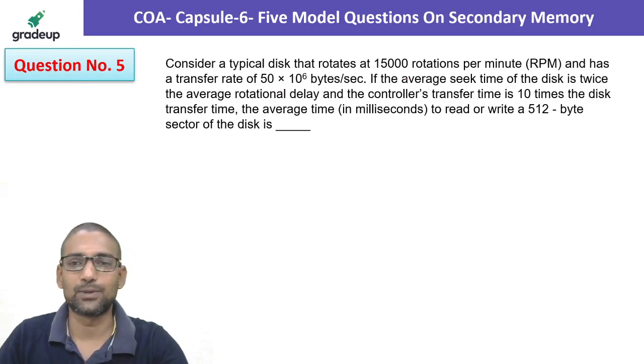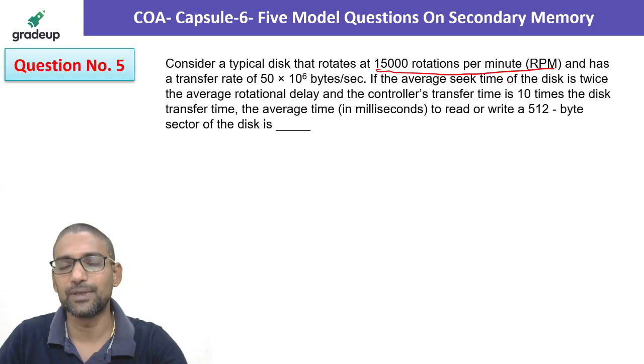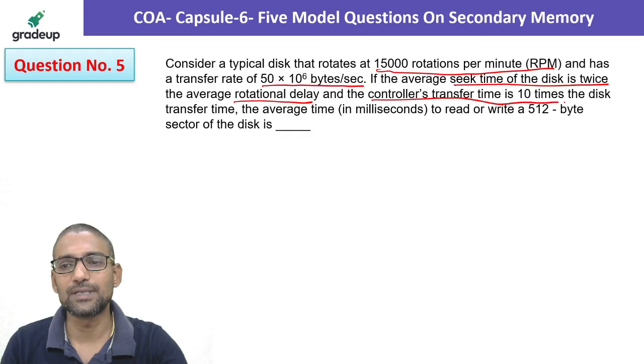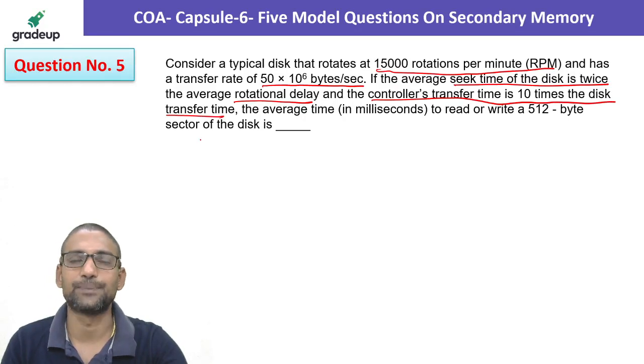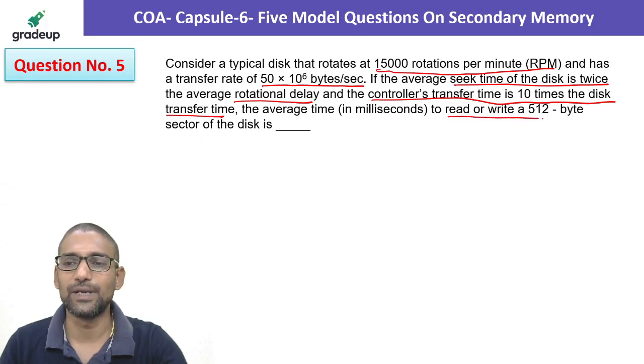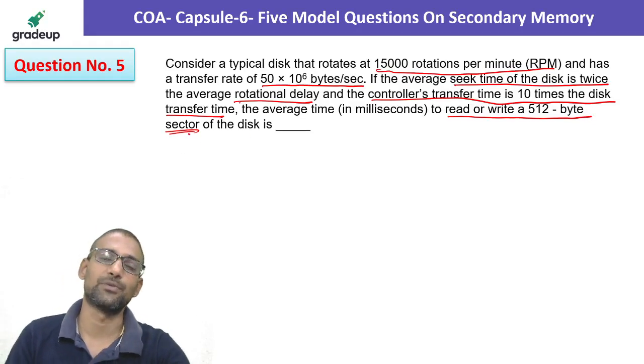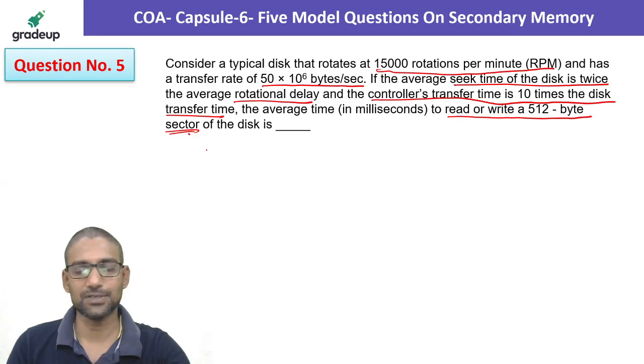Consider a disk that rotates at 15,000 rpm, has transfer rate of so and so. If the seek time is twice rotational delay, controller's time is 10 times disk transfer time, then the time to read or write a 512 byte sector is, for one sector, how much time we want. First, given 15,000 rotations in 60 seconds.